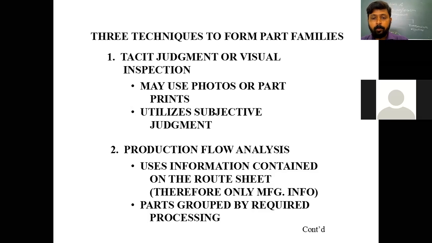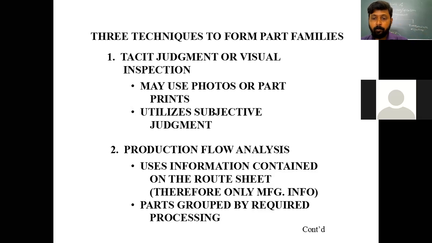Okay. Now let us move to the next type, production flow analysis. Now it uses information contained on the route sheet. Therefore, only manufacturing information is discussed. In production flow analysis, how the production is flowing from raw material to the final product, from which machine it is going to pass, and on which machine it is going to go to the next process.